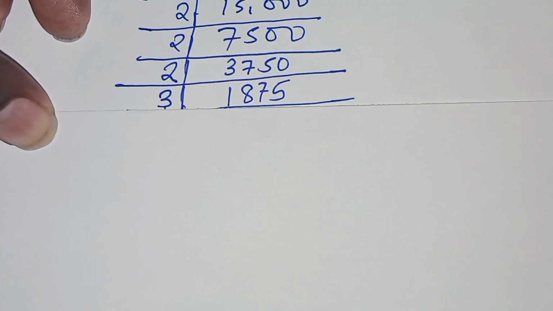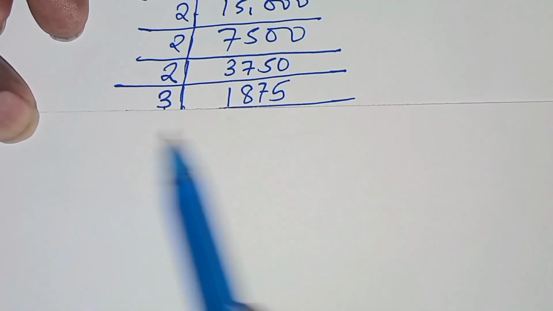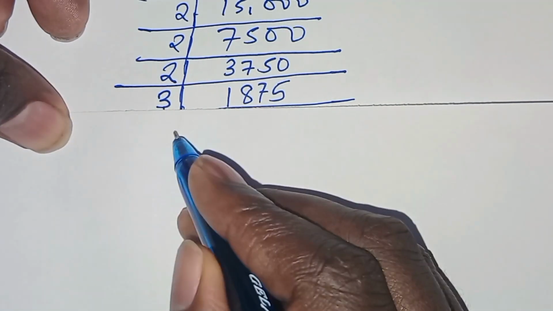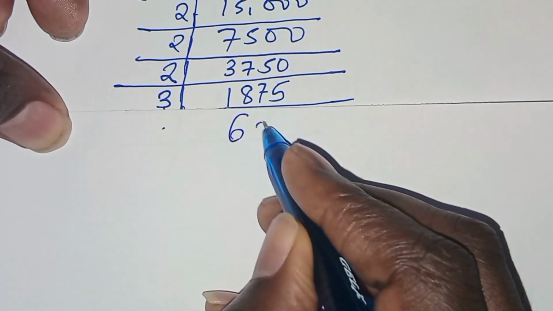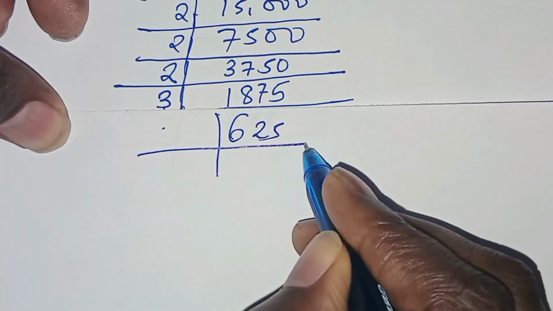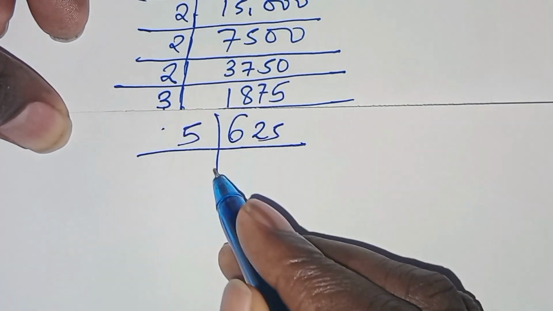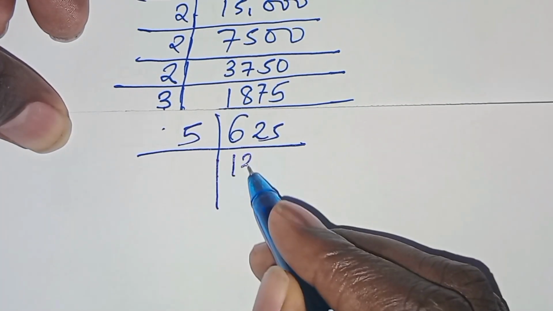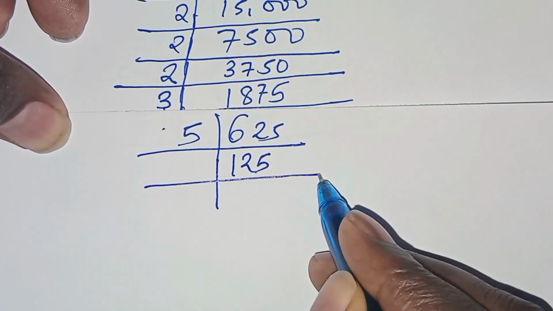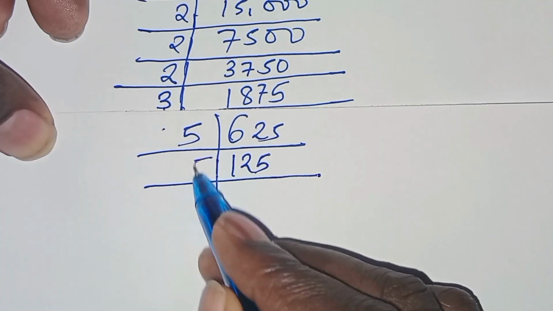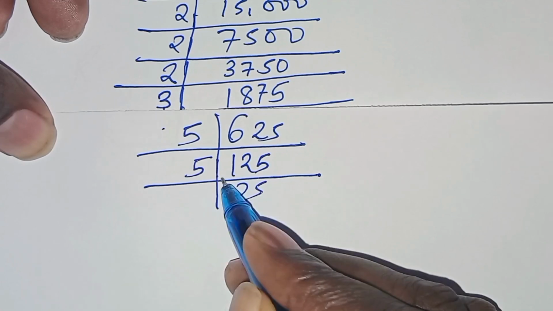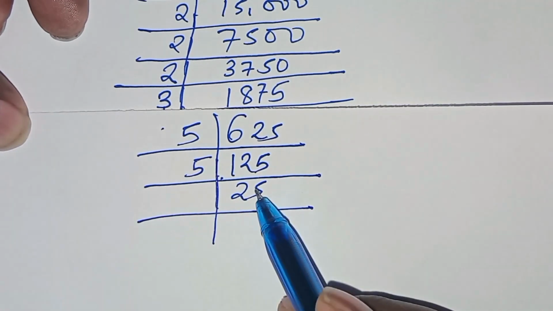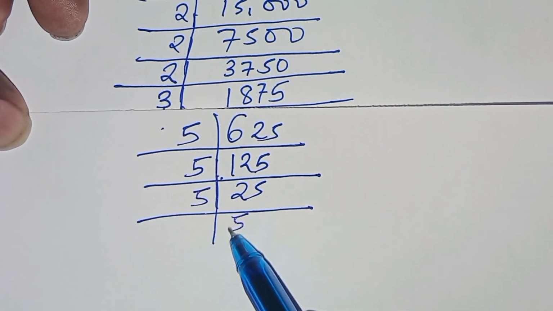And then from here, we have 1875 divided by 3, which is equal to 625. Then 625 divided by 5 is 125. Then 125 divided by 5 is 25. Then 25 divided by 5 is 5.